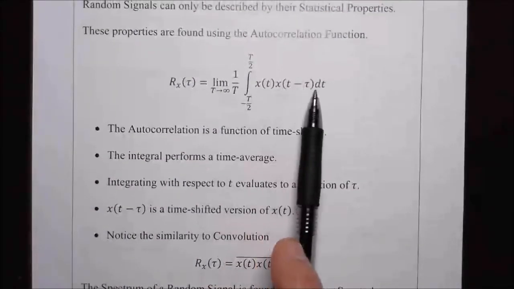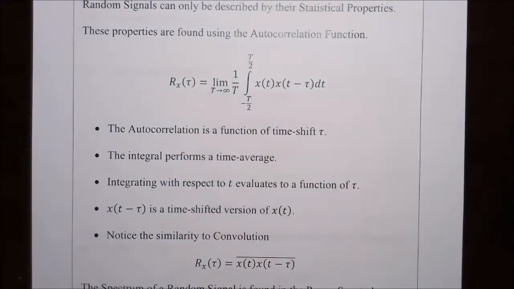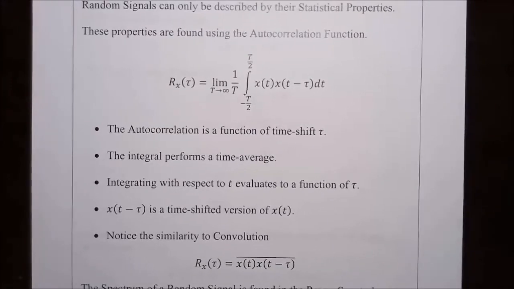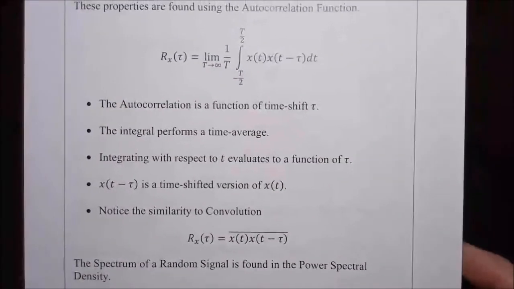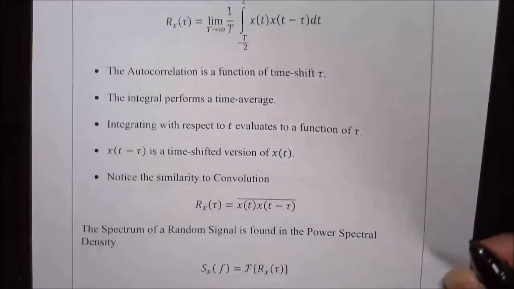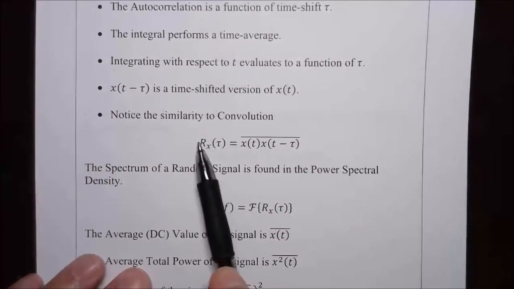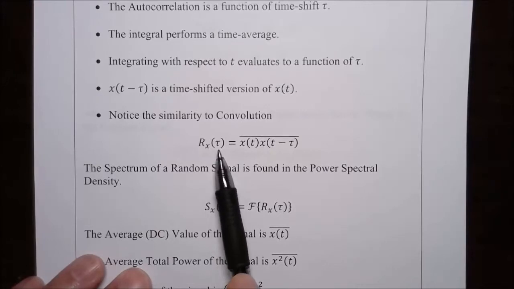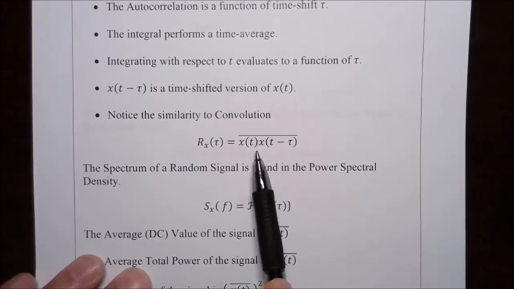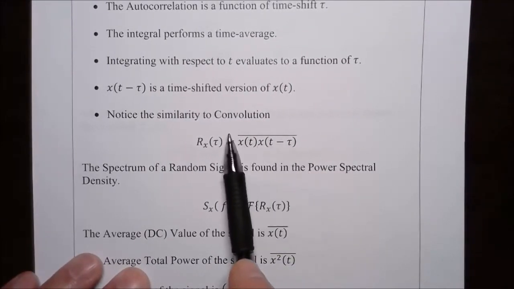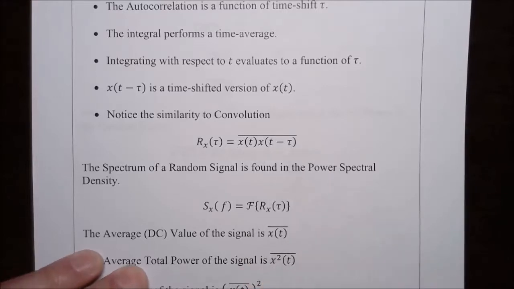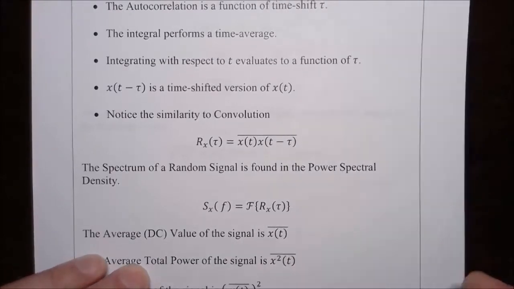And you'll notice this equation is similar in form to the convolution integral, so it's not entirely unfamiliar. We can write the autocorrelation of x as a function of tau is equal to x of t times x of t minus tau, and then the bar across the top to indicate a time average.